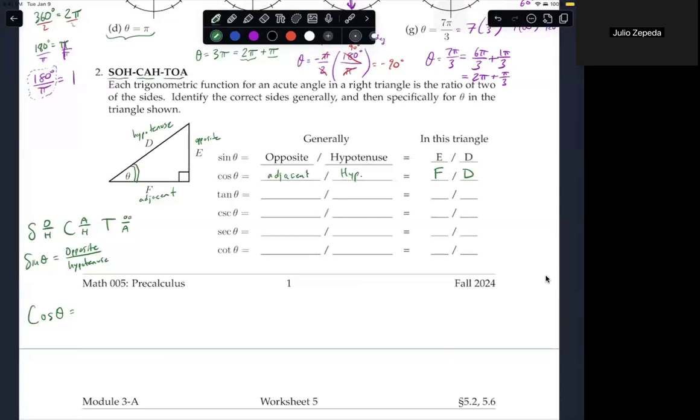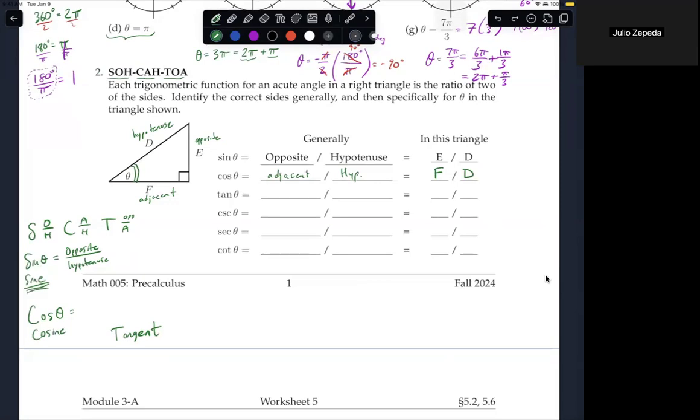TOA is for tangent of theta. So tangent, I'll write the name out actually. Tangent. Cosine is pronounced cosine, C-O-S-I-N-E, and the full name of sine is S-I-N-E. Sometimes people call it sin, but it's sine of theta.